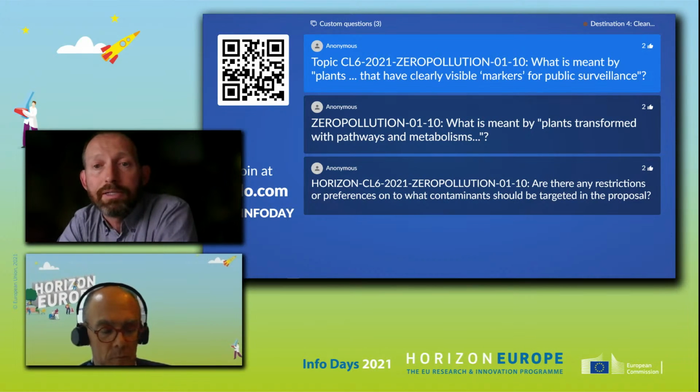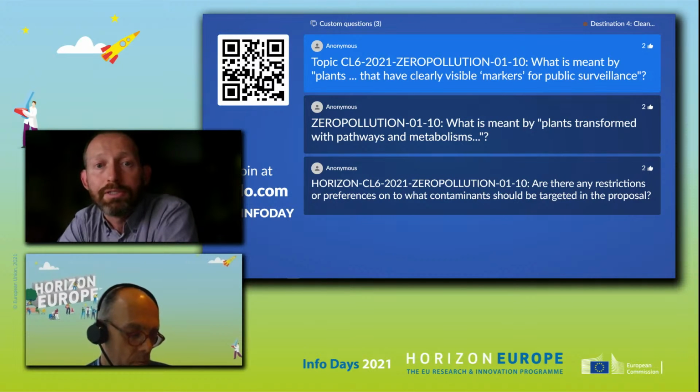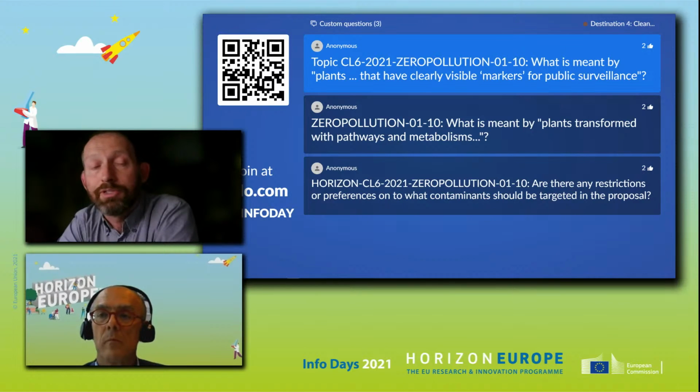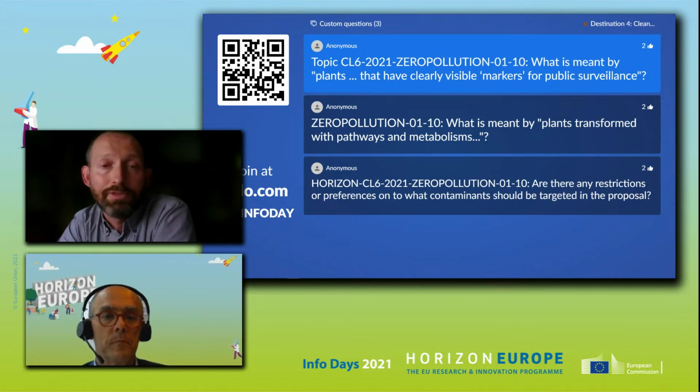And then it is clear that when this happens, if we have some modified plants accumulating these contaminants, they are not fit for consumption, obviously, or even possibly contact with humans. So this point addresses this safety option, and it gives an example, which may be one of several examples, of course.